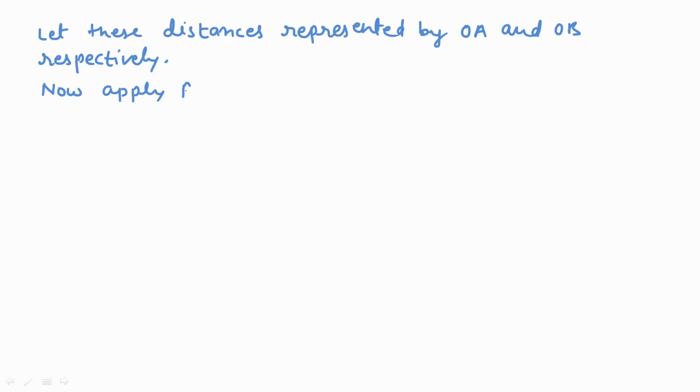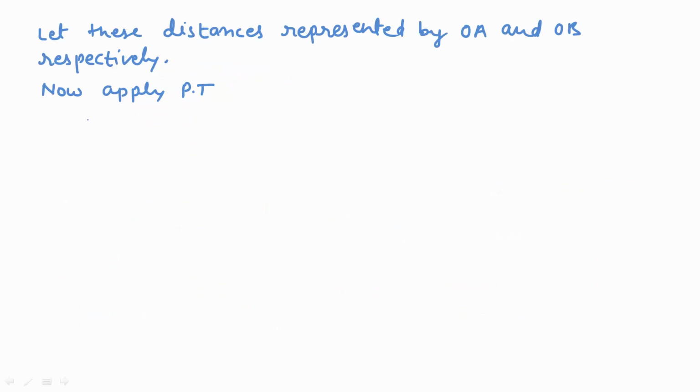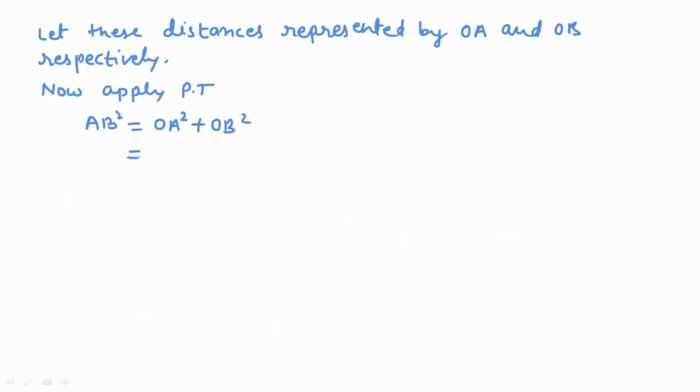So OAB is a right angle triangle, so we can easily apply Pythagoras theorem, and Pythagoras theorem is AB square is equal to OA square plus OB square, and the value of OA is 1500 and OB is 1800.